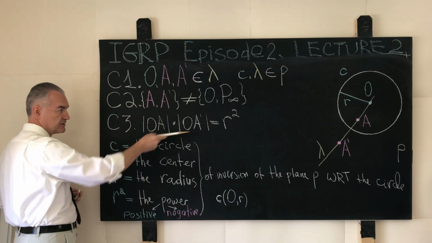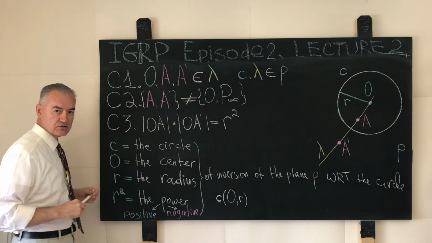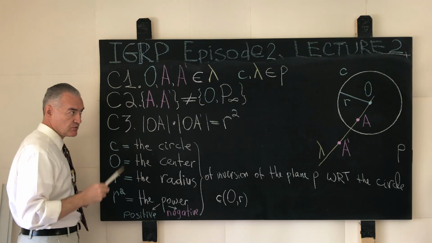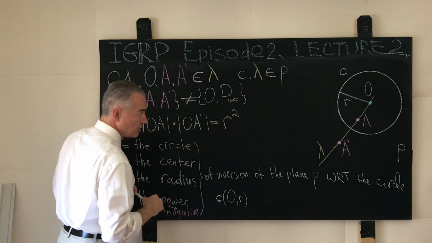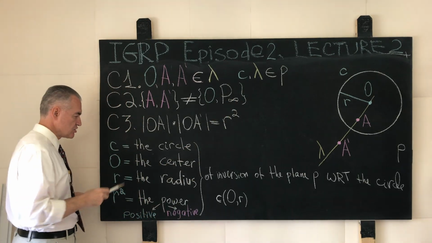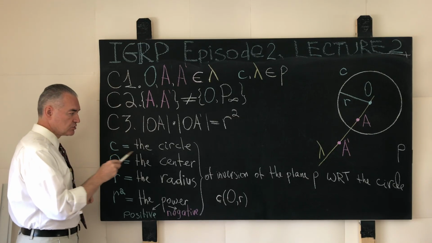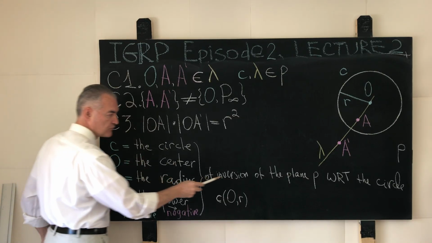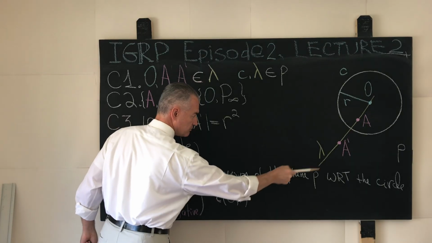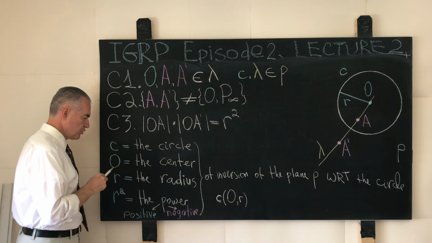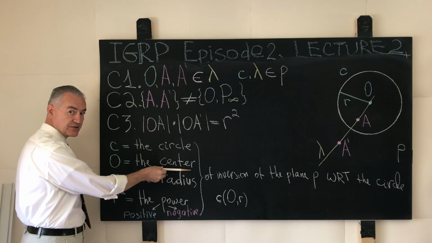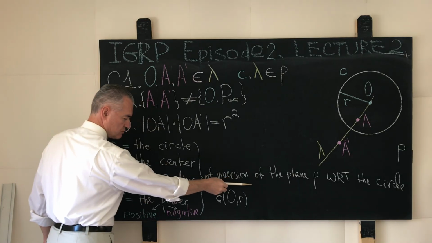Under these conditions and with that definition of inversion of the plane P with respect to a circle C in the books, we have the following terminology. The circle C is called the circle of inversion of the plane. The point O is called the center of inversion.